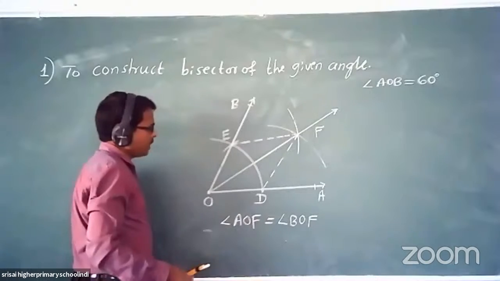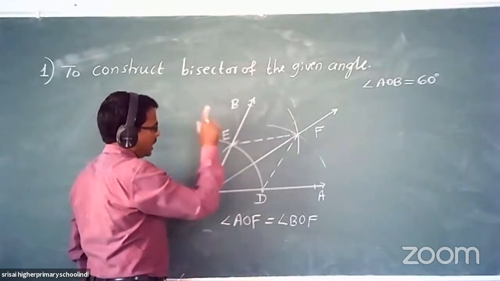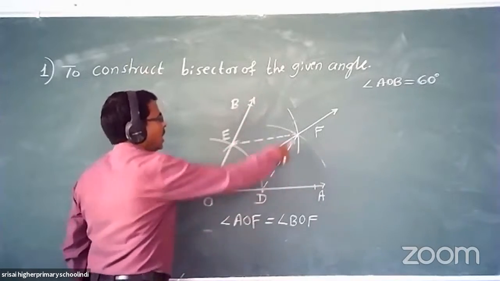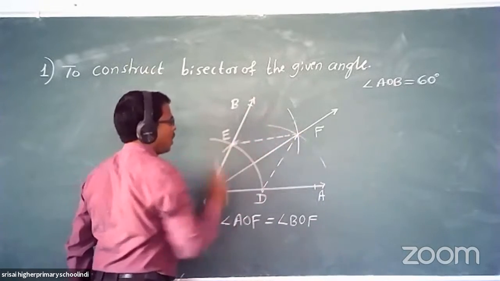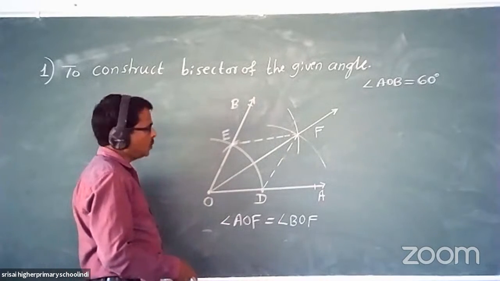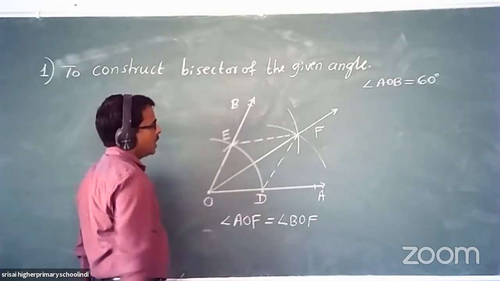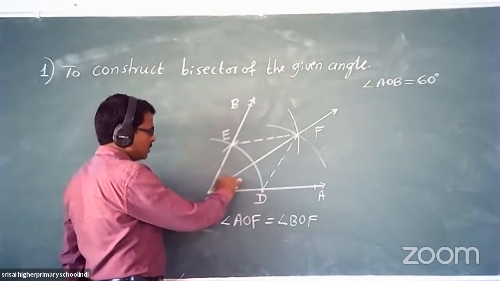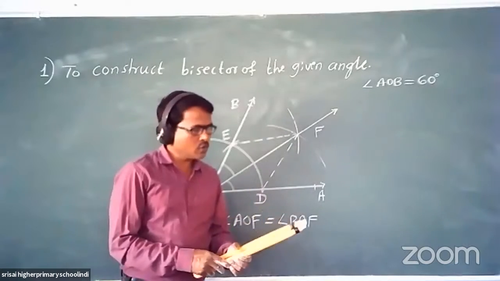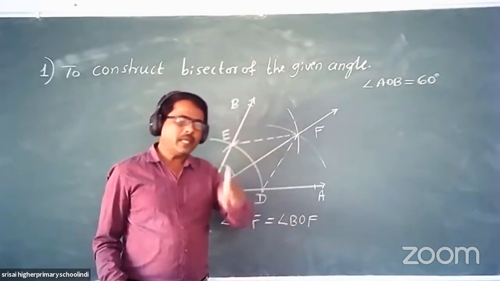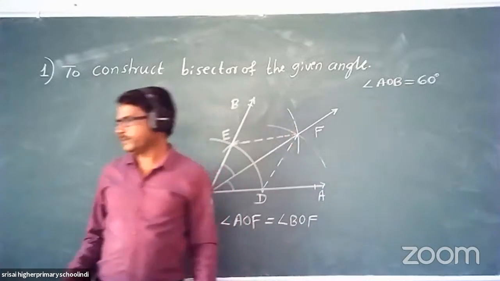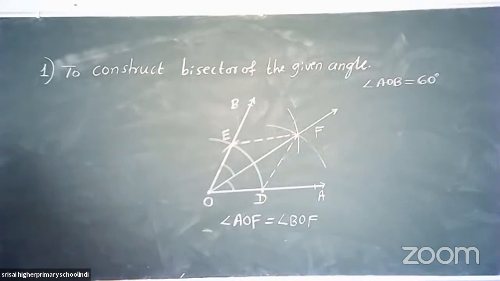So what we have understood now: OD and OE are equal, DF and EF are equal, and OF is common. So by the side-side-side congruence rule, both the triangles are congruent. If both the triangles are congruent, these triangles are equal. Correct? This much you draw, keep it ready. Next class, I'll discuss how this works.